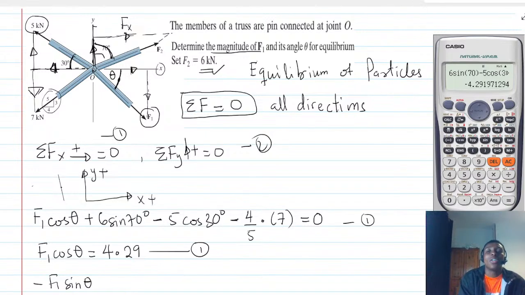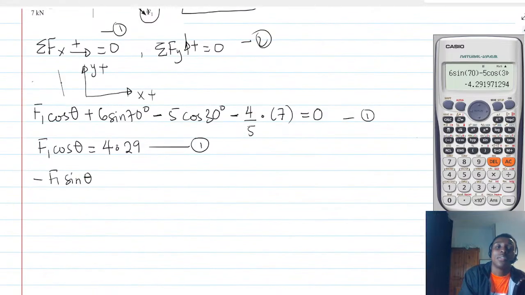Cosine. Interesting. So this means that you don't have to always memorize that the x-axis is cosine and the y-axis is sine. No. If the angle is adjacent, it is what? Cosine. And if the angle is opposite to the side, it is what? Sine. So this one is going to be cosine 70, right? So plus 6 cosine 70.